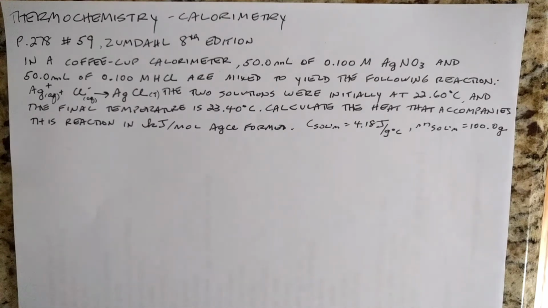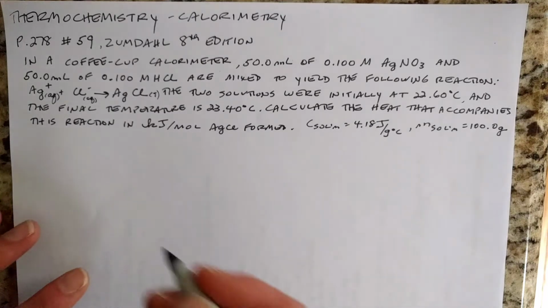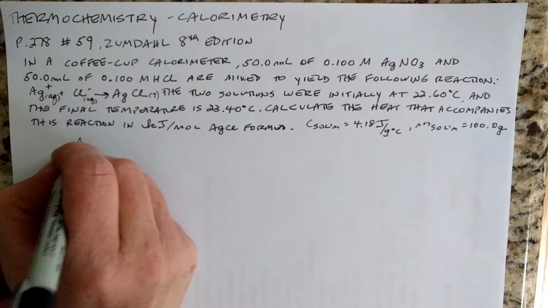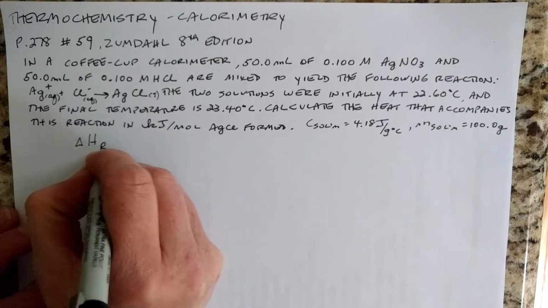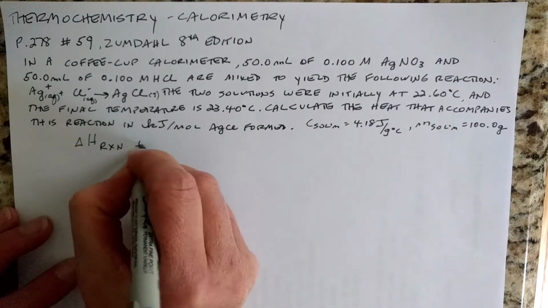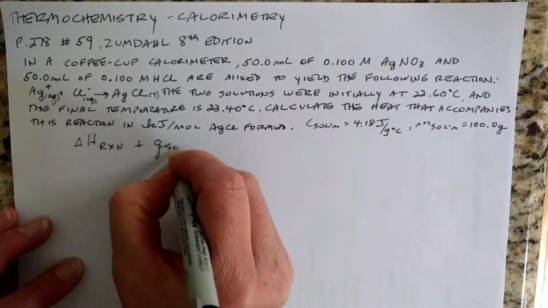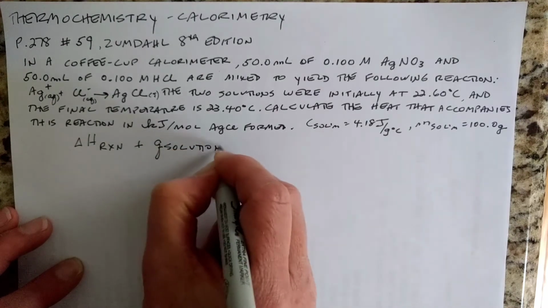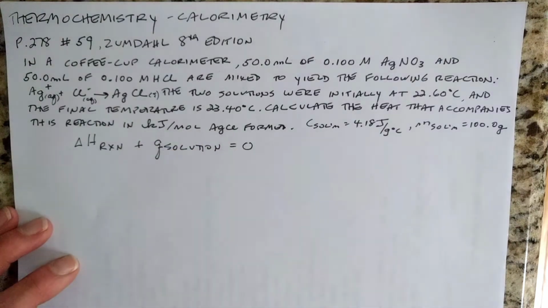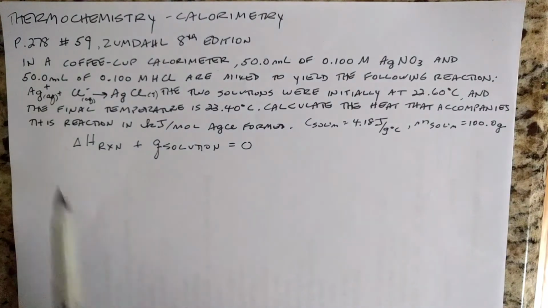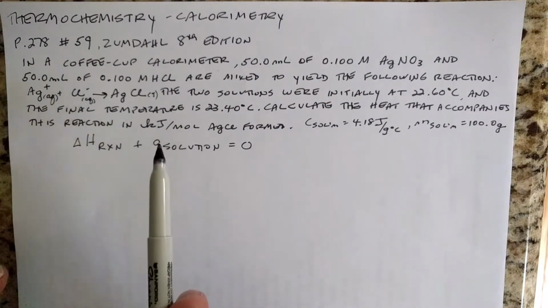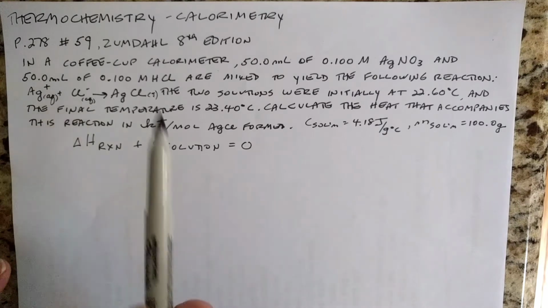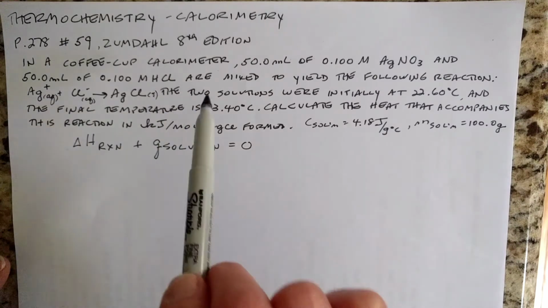So the heat that the reaction releases, the delta H of the reaction, plus the q of the solution equals 0. So the heat that's released and the heat that's absorbed by the solution are equal in magnitude.